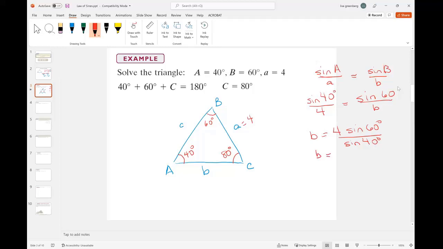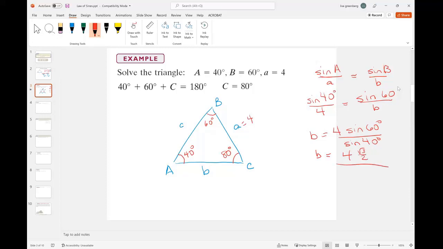Let me get my calculator. And again, now we're in degrees. And the last time I used my calculator, we were in radians. So really always check. So I know the sine of 60 degrees, that's the square root of 3 over 2. Okay.